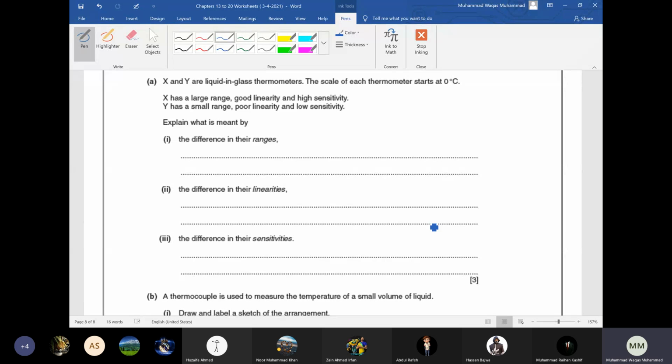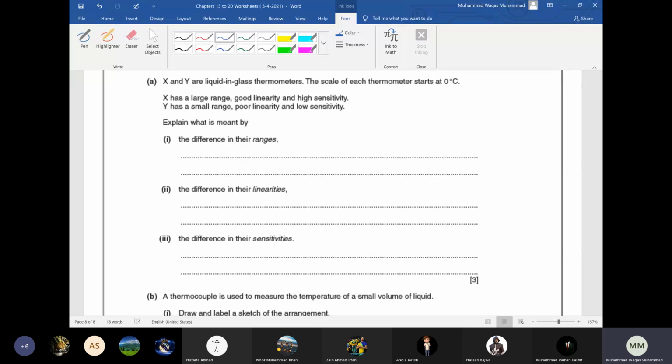So, beta, if X has a greater range, it means thermometer X can cover a greater range of temperature, right? So the difference in their ranges means X has a greater range, Y has a small range.